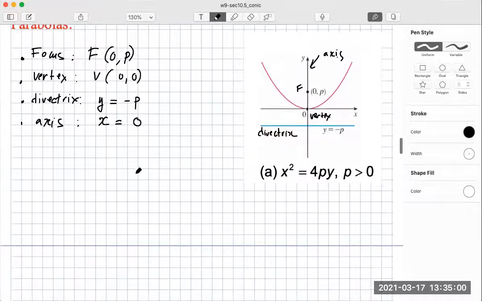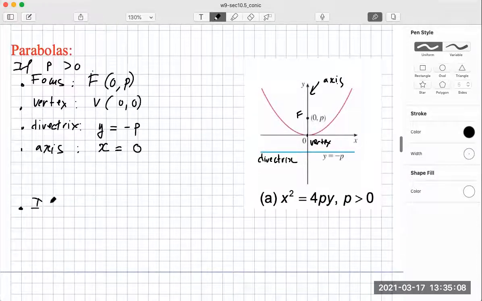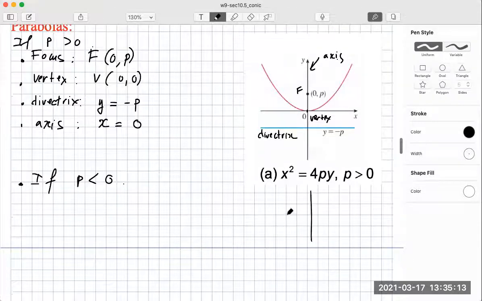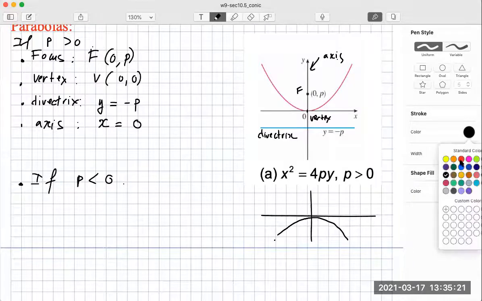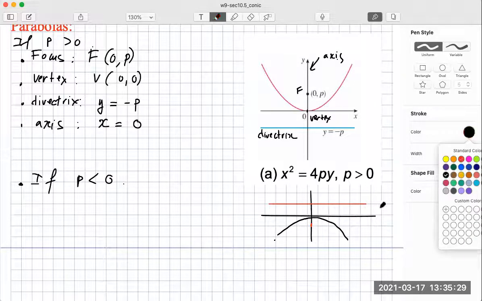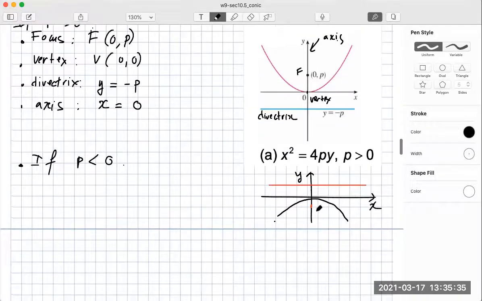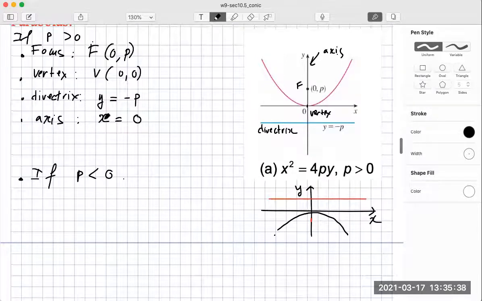So another case, if p is negative, right, then the parabola will be concave down like this, right? And the same story, we need to know the focus, right?